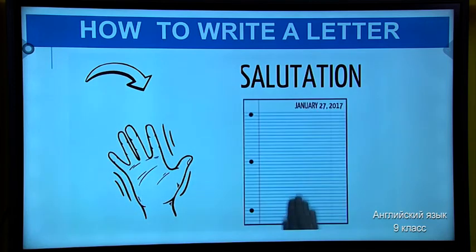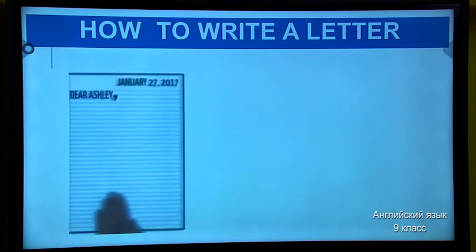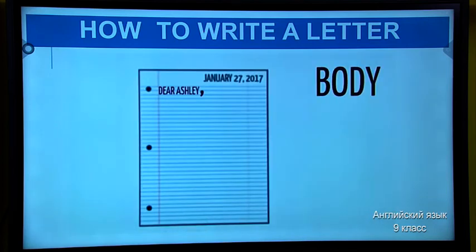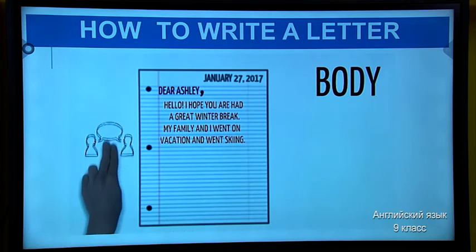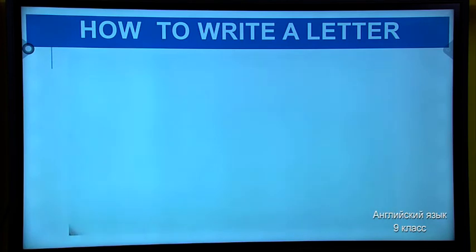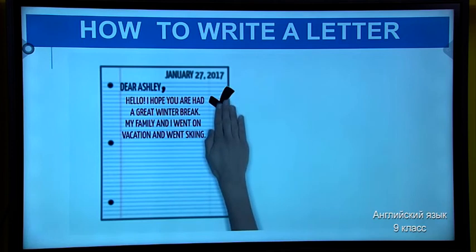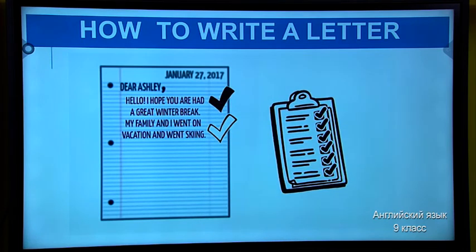An informal or friendly letter will usually begin with Dear, the person's name, and always ends with a comma. After the salutation comes the body of the letter. The body is very important because it is where you communicate your thoughts, ideas, and questions. The body of the letter always needs to be written in chronological order or in a sequence.